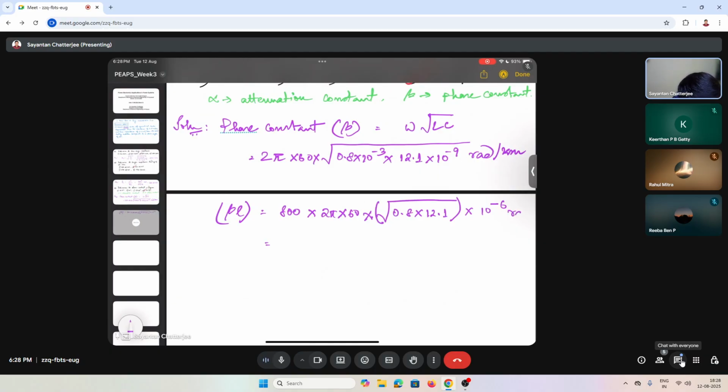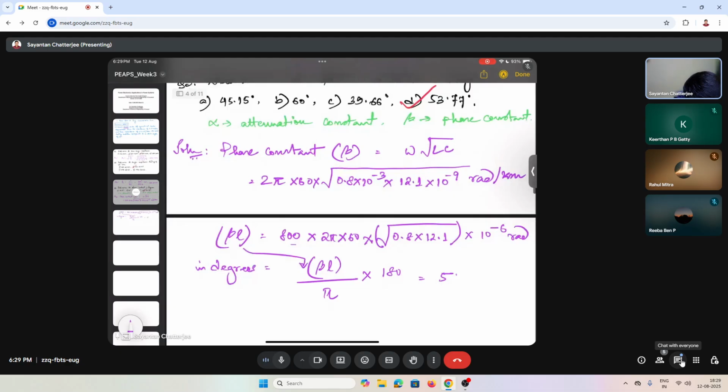This value is in rad. To convert from rad to degrees, we just multiply this beta L value, which is in radians, by 180 over pi. The final value we will get is 50.